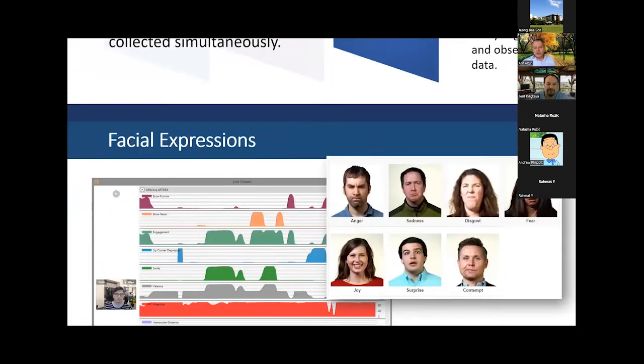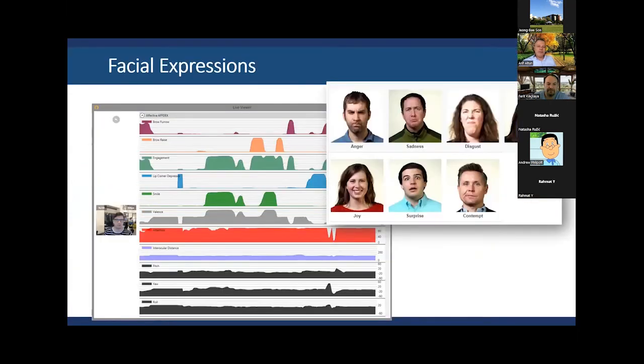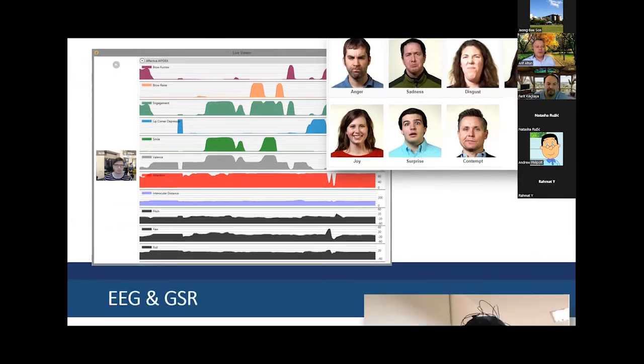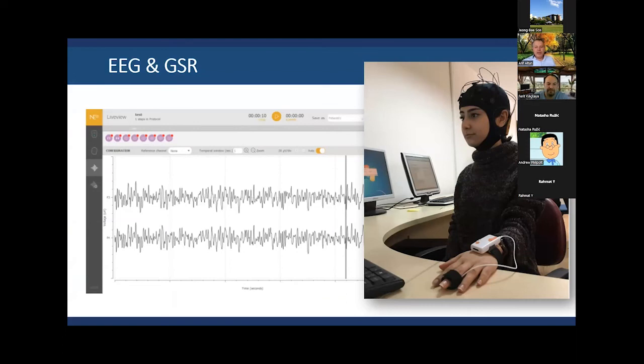Face expressions returned some emotional stances of the prospective teachers, but this is one of the most intriguing parts, because some researchers approach the use of facial expressions with a kind of caution. So that's why we incorporated other tools as well. EEG and GSR are physiological measurement tools to observe emotional stances.